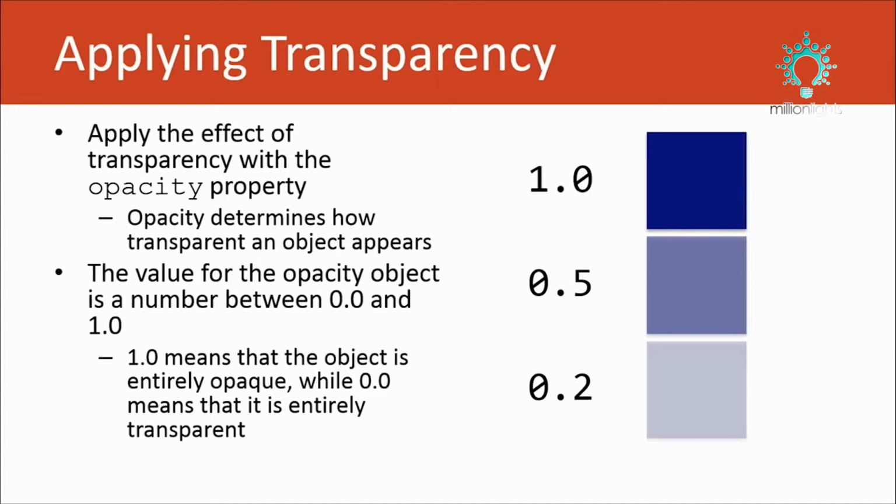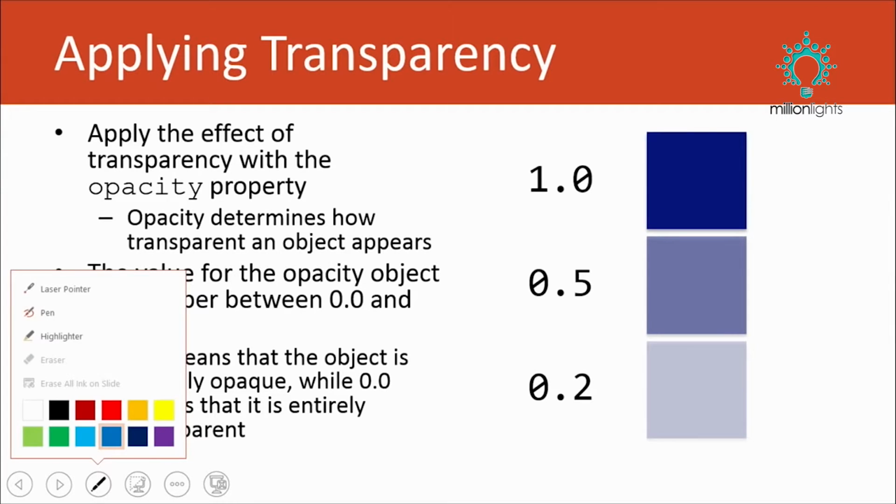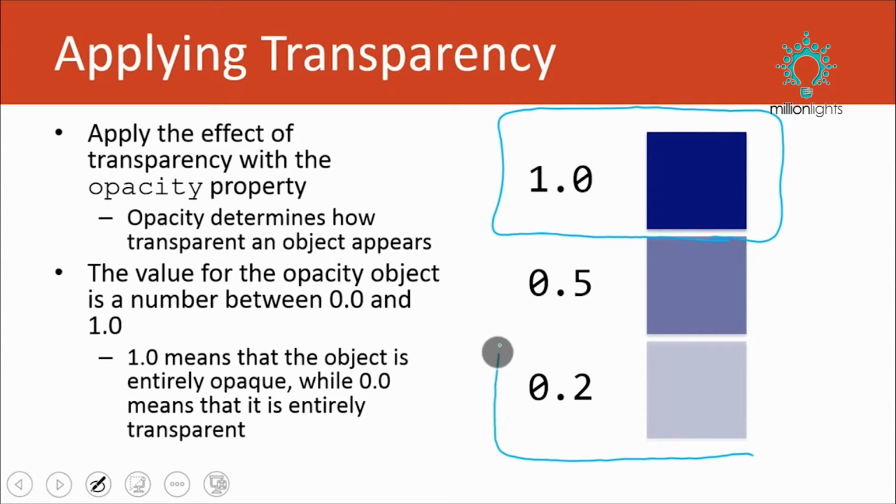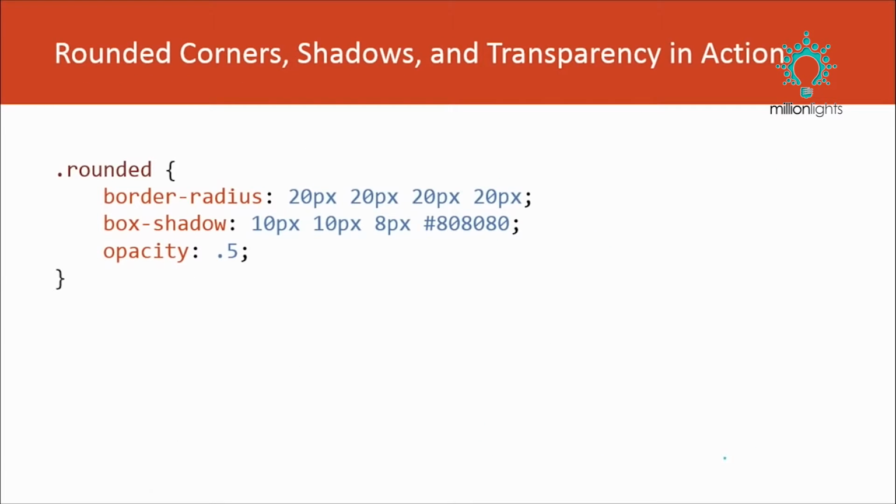And so 1 means that the object is entirely opaque. Let me just highlight this real fast, just like our friend right here. Whereas if we decrease that value, you see that it becomes more and more transparent, right? I'll show you what that looks like here in just a second with CSS. Here's just a quick recap. We use that border radius, we use box shadow, and now we're going to add opacity, okay?